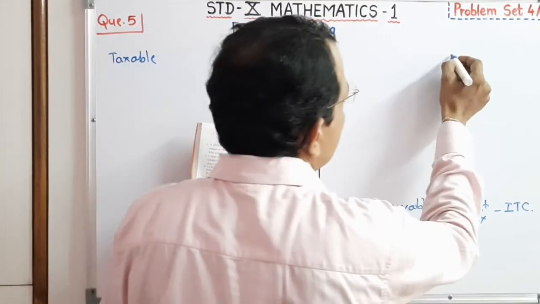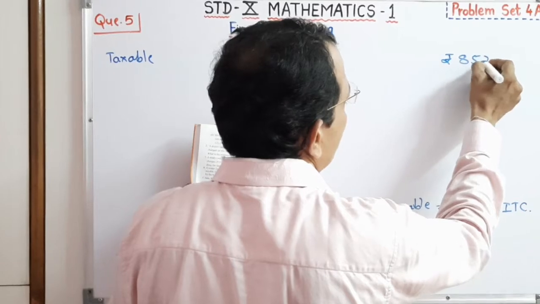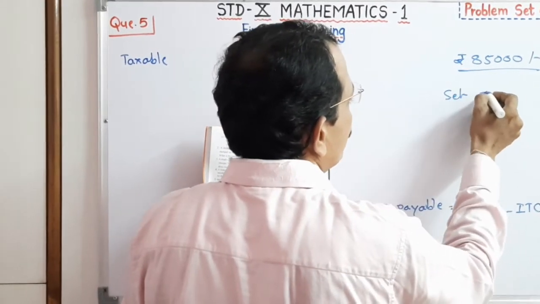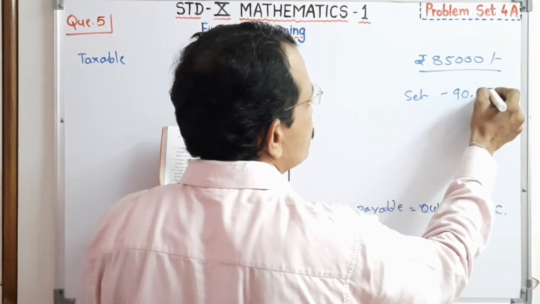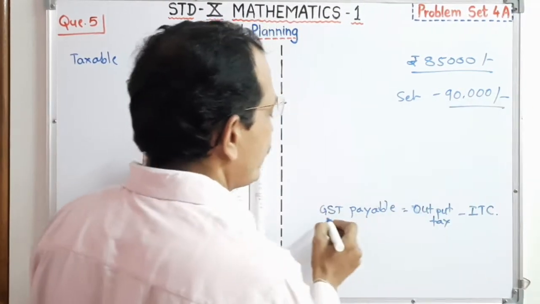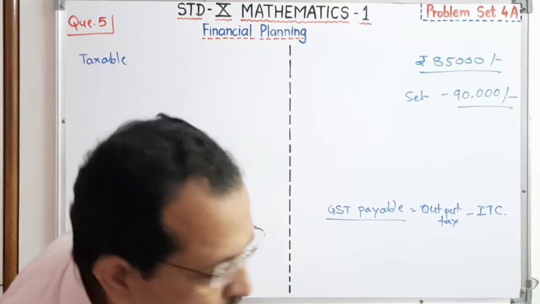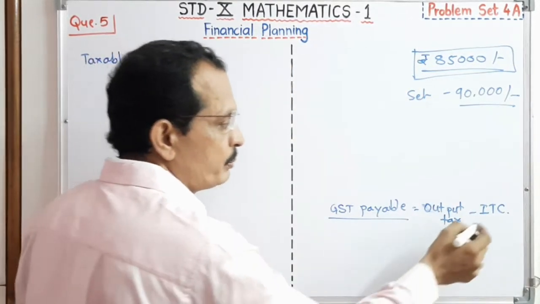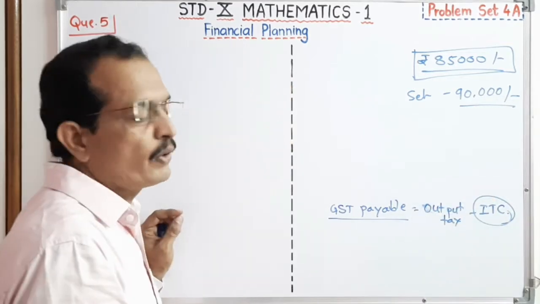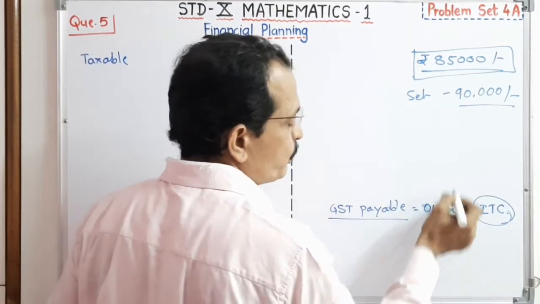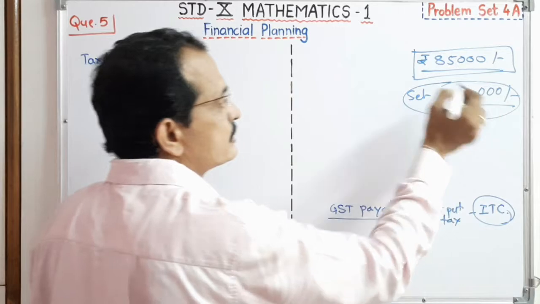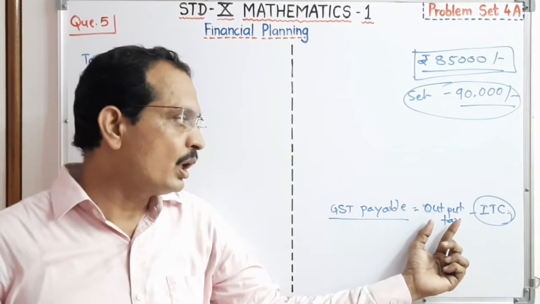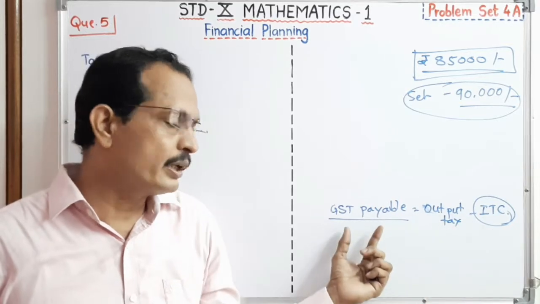First of all, she purchased for 85,000 rupees and sold for 90,000 rupees. We have to find out GST payable. For that purpose, find out the GST at the time of purchase, that will be the ITC, and find out the output tax on 90,000.